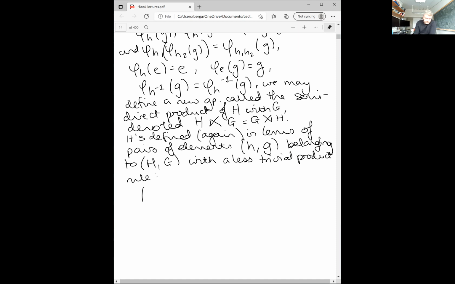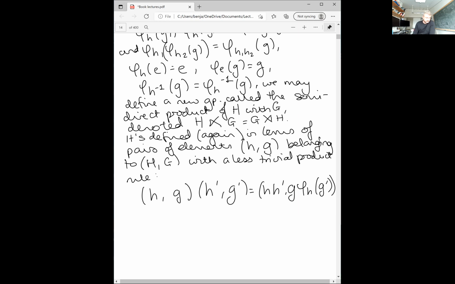So this is the important rule, the product rule. You can derive the other stuff from this. So if we have two elements of this semi-direct product, then we get what we would have with the direct product in terms of this subgroup. But we almost have g times g prime, which is what you would get for the direct product, but you just have this automorphism twist. So it's g composed with this automorphism twist of g prime.